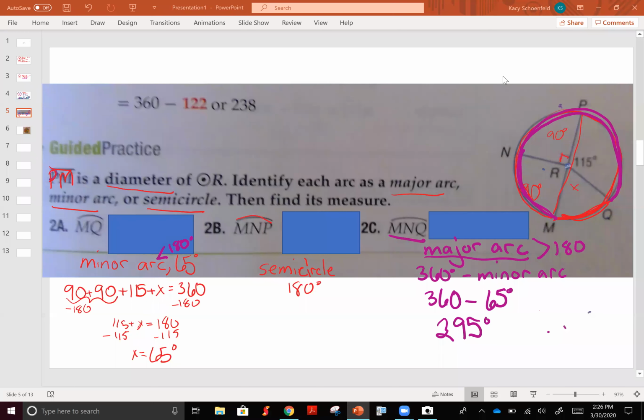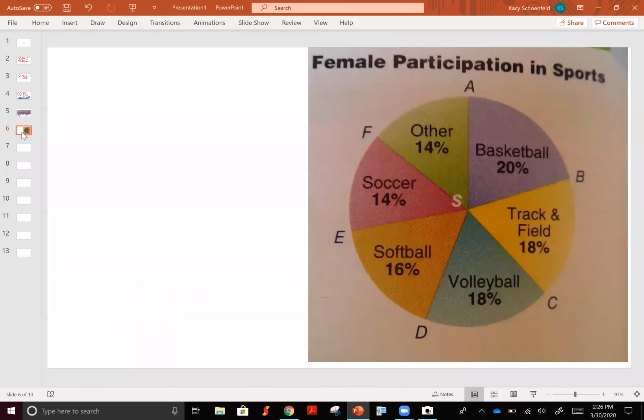The next thing we're going to do is we're going to be given a circle graph with percentages. The main thing for you to remember is that the total degrees is 360.